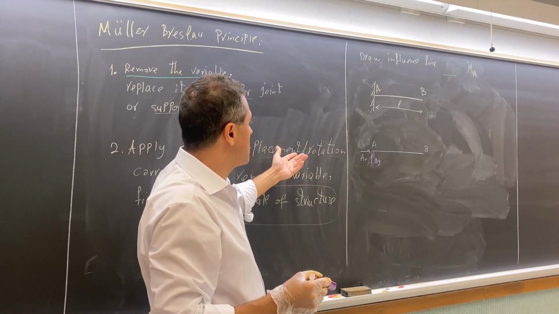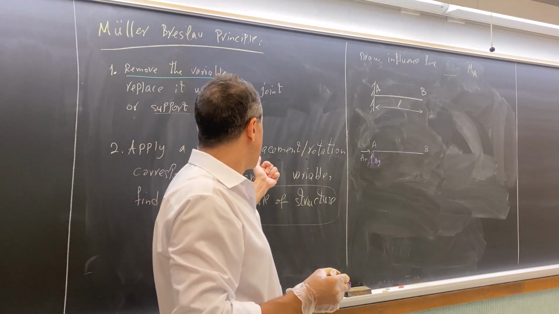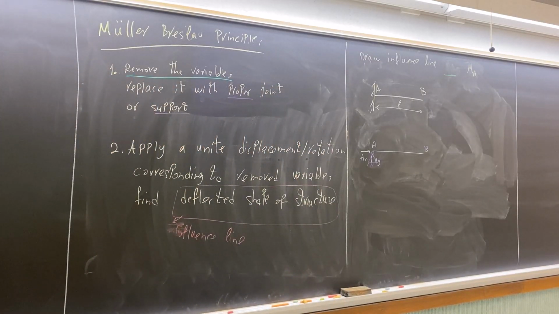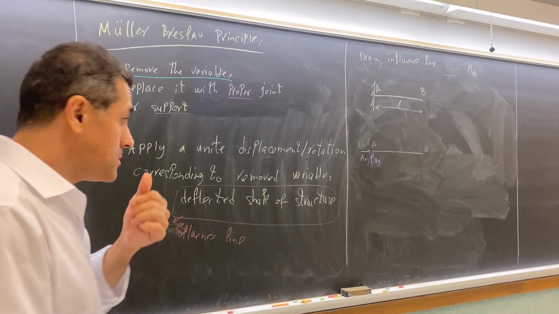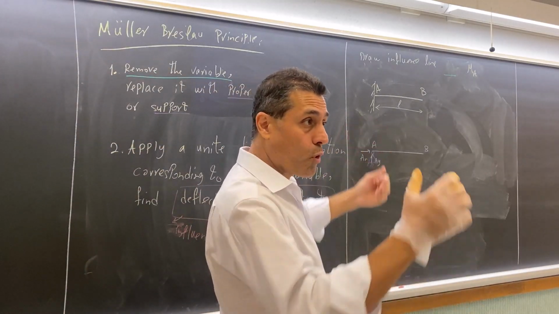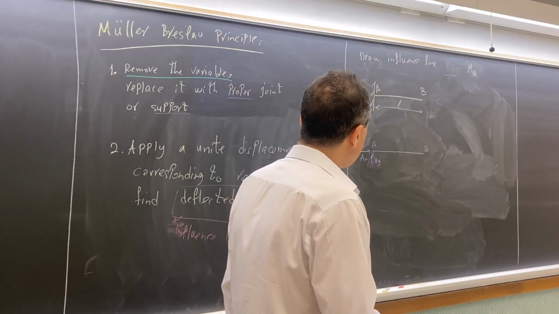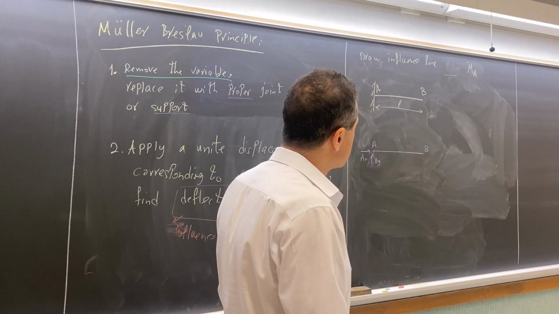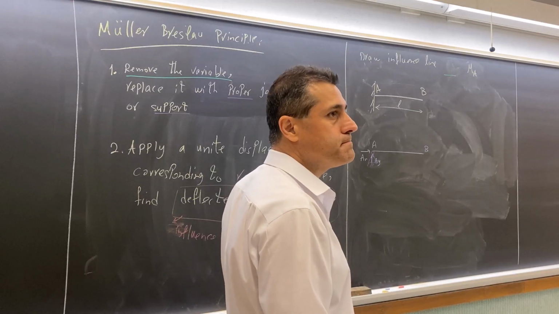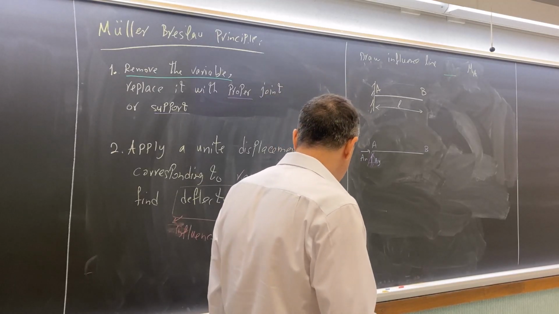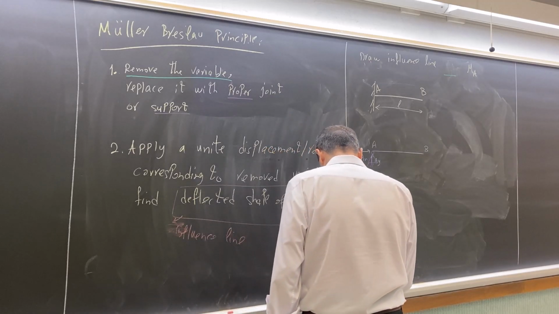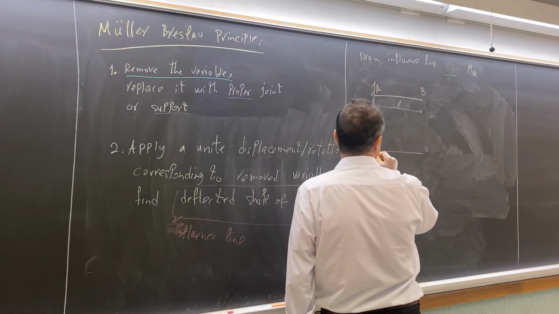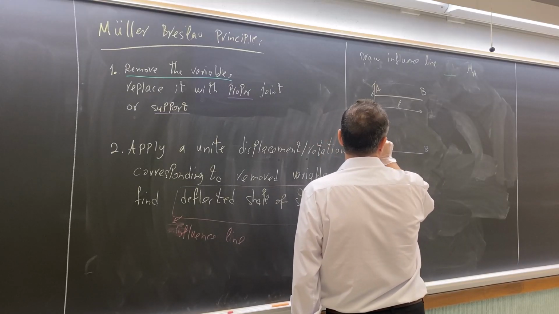Step number 2, apply a unit displacement or rotation. Which one? Rotation. Why? Because we are solving for the moment, and moment is about rotation. So now apply a rotation at point A. I grab this and apply it in this way.